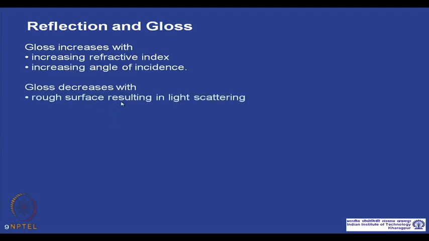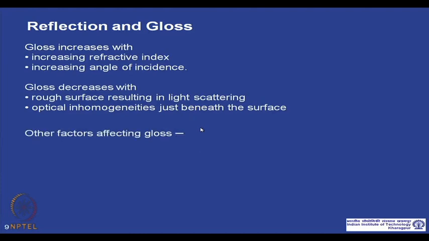Gloss decreases with roughness. Obviously, the reason, as I said, is that the distance traveled from the surface to the observer will be different from different regions. As a result, there will be a phase difference and intensity will come down. And if there is an optical inhomogeneity just beneath the surface, obviously the amount of light scattered and reflected will be different, and the gloss will come down.